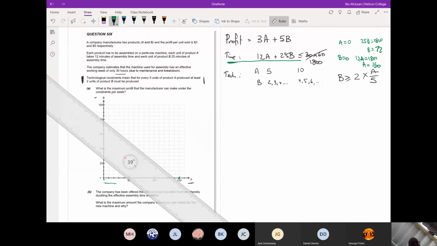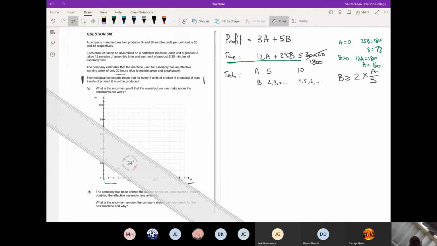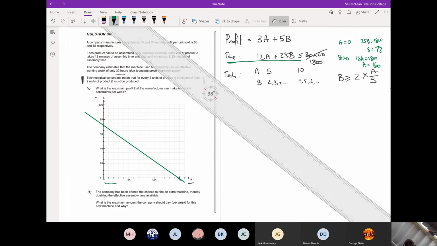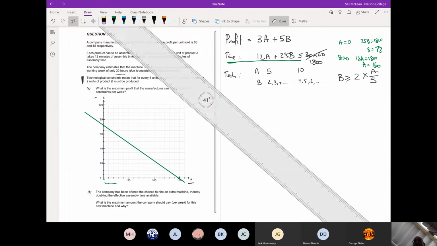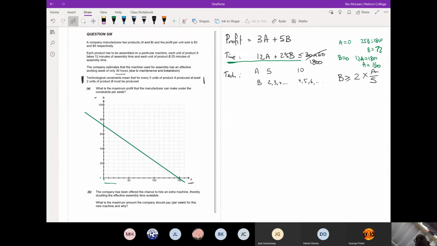And if I put my ruler on there, there's my straight line. We know that we want 12A plus 25B to be less than or equal to 1800. So at the origin, where A is 0 and B is 0, we'd want to keep that. So we're going to shade out the other side.